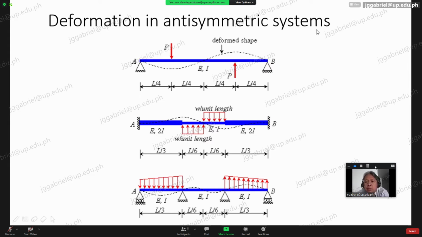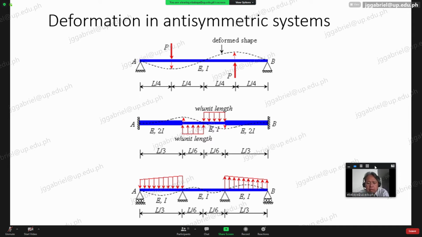Notice, I just want to mention this. Yung degree of deformation here and deformation there, let's say the amplitude, no? They're just the same, but different in direction. Okay? Ganun din dito. Deformation here, deformation there.